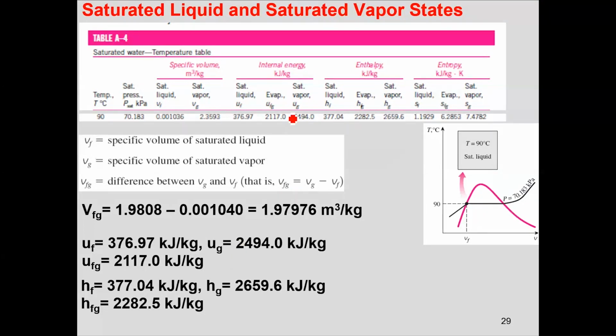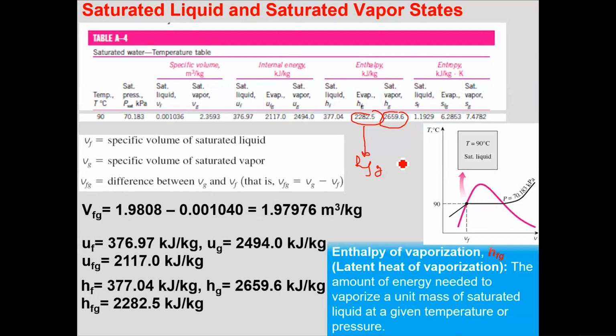And this Hfg, which is 2282.5, is basically the latent heat of vaporization. It is the amount of energy needed to vaporize a unit mass of saturated liquid at a given temperature and pressure.